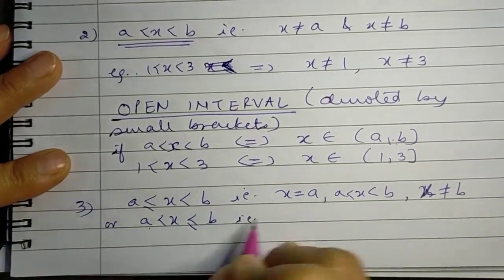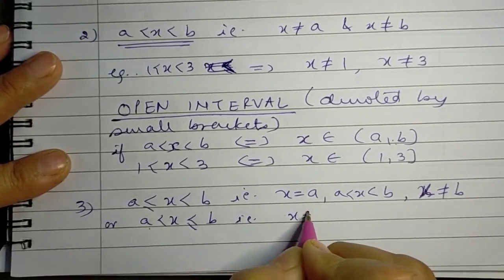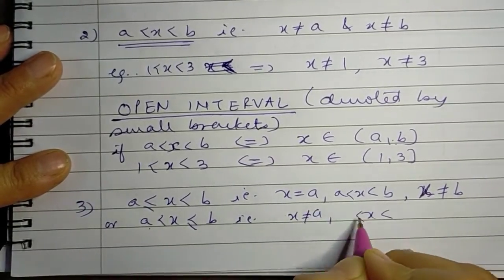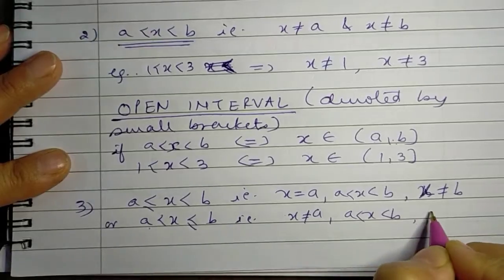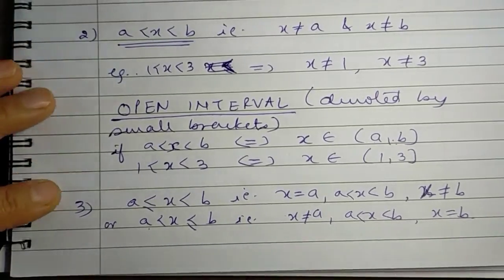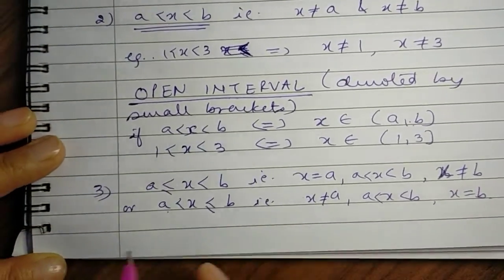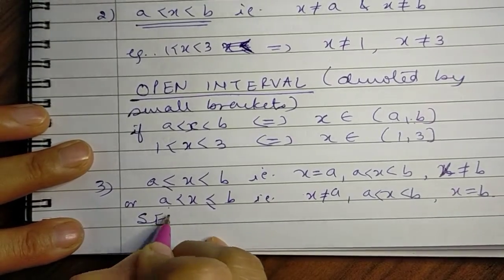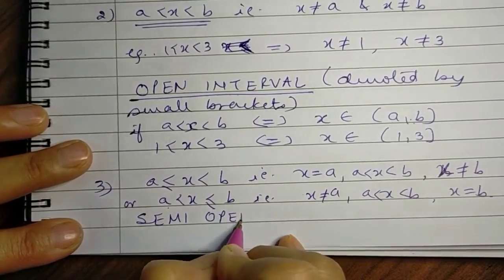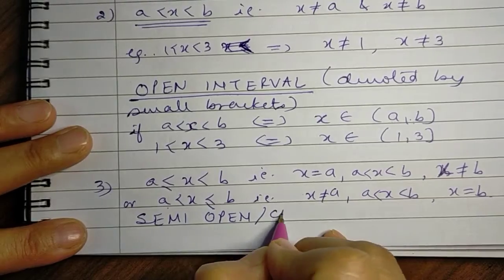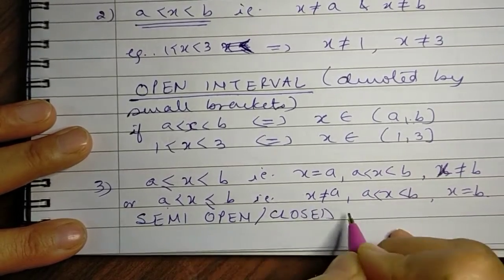Whereas in the other case, x is not equal to a, x lies between a and b, and x is equal to b. Such cases are called semi-open, or they can also be called semi-closed intervals.